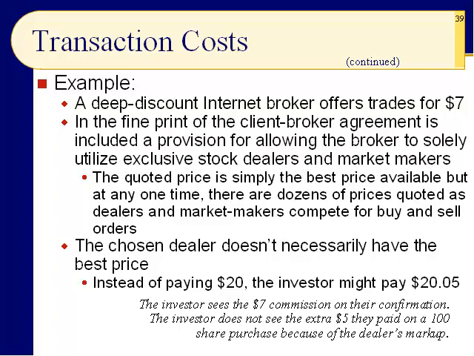But at any time, just like the Casas de Cambio, there are dozens of prices quoted. And it used to be people screaming and hollering at one another, but now it's all electronic, as dealers and market makers compete for buy and sell orders. The chosen dealer, the exclusive market maker, doesn't necessarily have the best price. So instead of paying $20, the investor might pay $20.05.